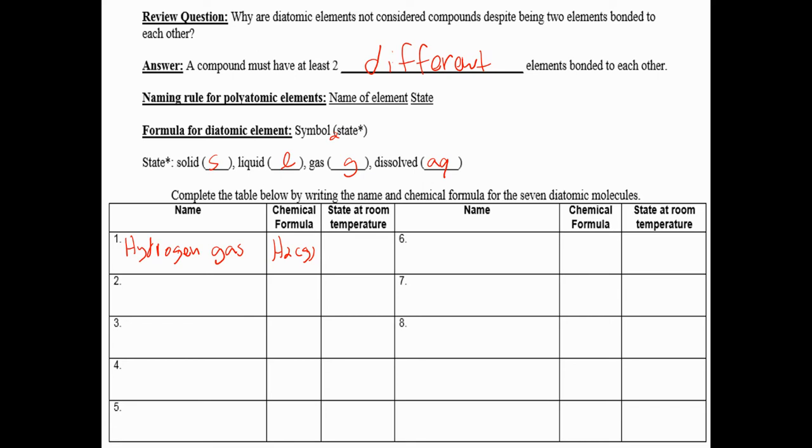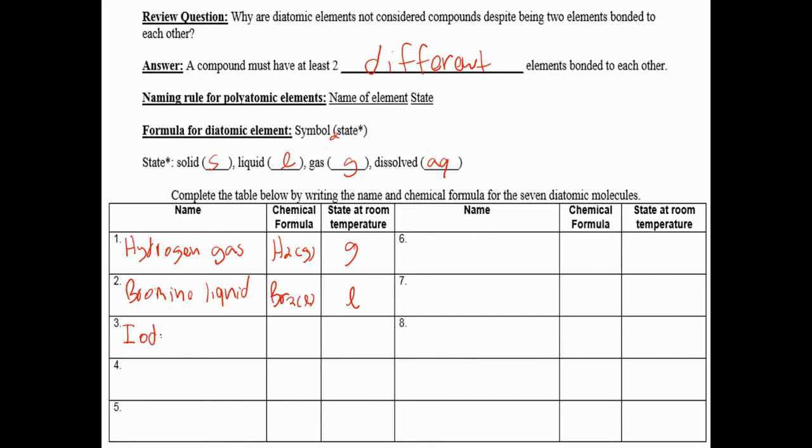So you'd have to put H2(g). The state at room temperature, well, gas. Bromine, liquid. So that's Br2(l), state at room temperature, liquid.